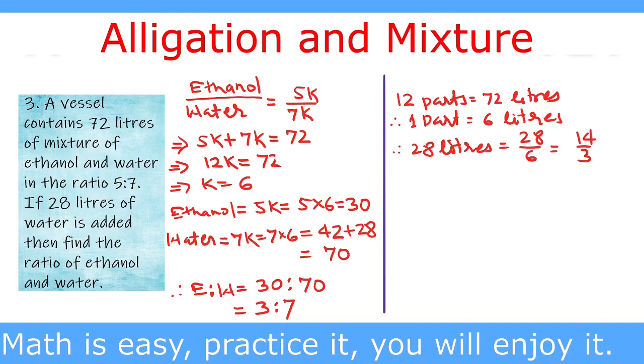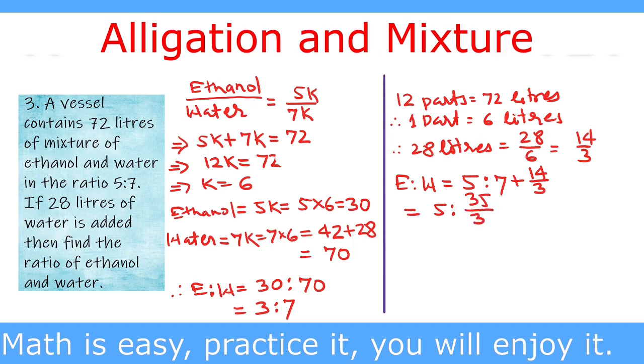Now the ethanol remains the same and only the water quantity changes. Therefore ethanol to water was initially 5:7. Now we have added 14 upon 3 parts of water into it. So this becomes 5:7 plus 14 upon 3, which is 21 plus 14 over 3, so 5:35 upon 3.